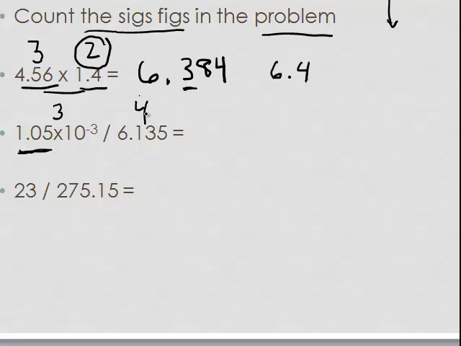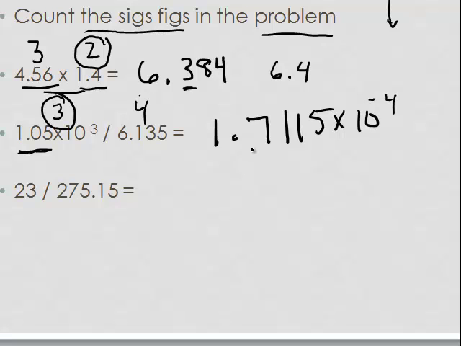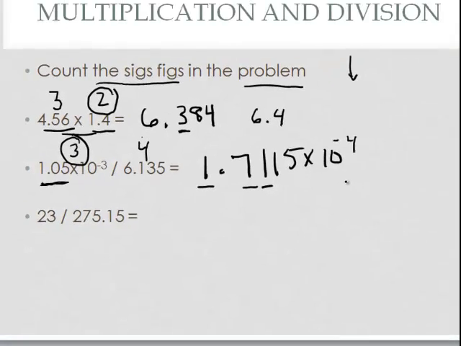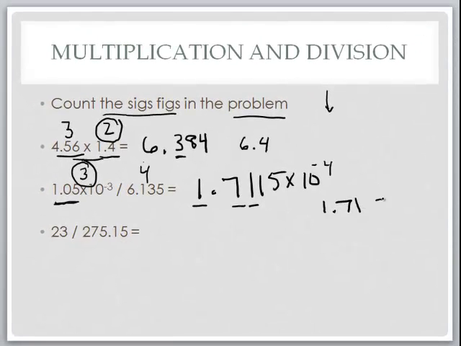So let's do the math. 1.035 times 10 to the negative third divided by 6.135, and we would get 1.7115 times 10 to the negative fourth. Our answer has to have 3 sig figs, so 1, 2, 3. Our answer would be 1.71 times 10 to the negative fourth.